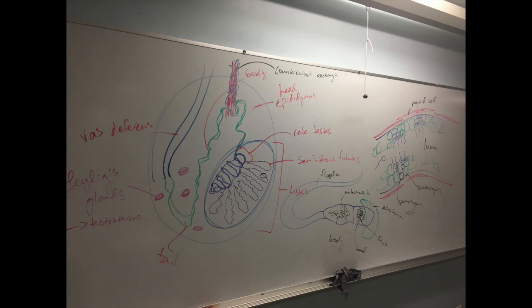You label this as a myoid cell, M-Y-O-I-D. Why the heck would we want muscle cells on the outside of the seminiferous tubule? Transport. Yeah, perfect. Yeah, guys, that's exactly right. They just kind of squeeze, and they cause that lazy river to kind of flow through the seminiferous tubule.